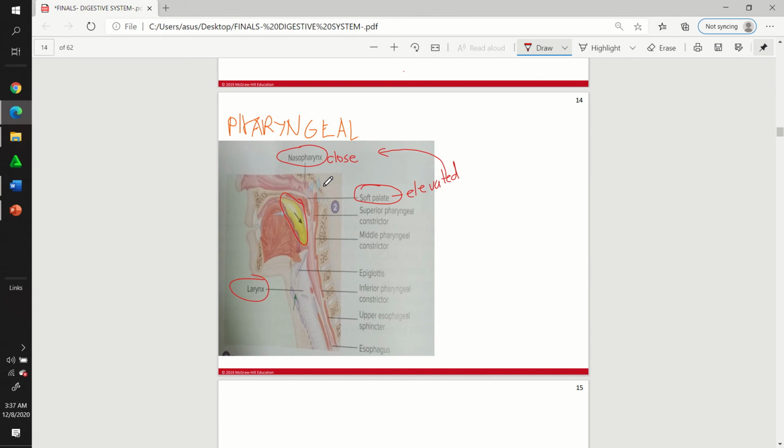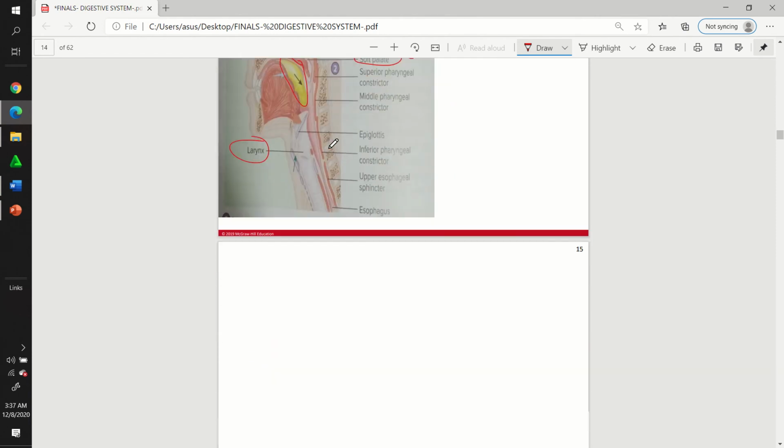Pag na-stimulate yung receptor sa oropharynx po natin, ini-elevate or tinataas na yung soft palate. As I've said a while ago, when the soft palate is elevated, it leads now to the closing of your nasopharynx. So the pharynx elevates to receive the bolus of food from the mouth. Okay, that is what is happening to your pharyngeal phase.